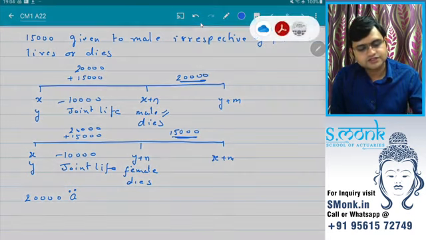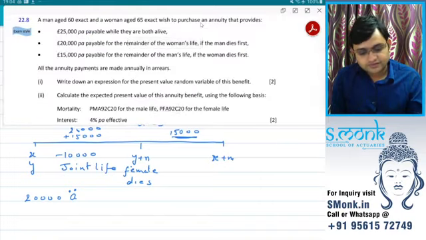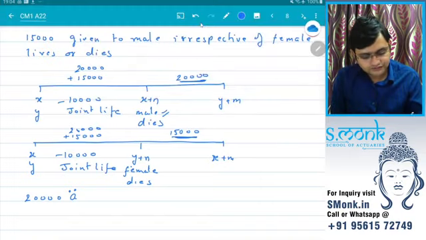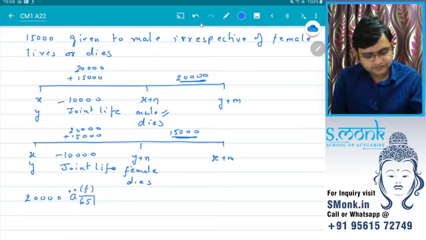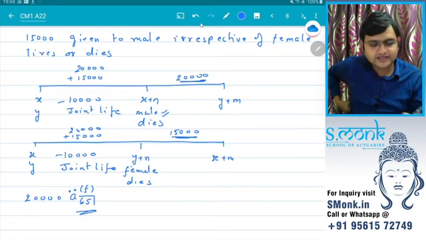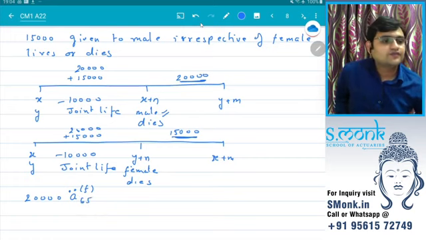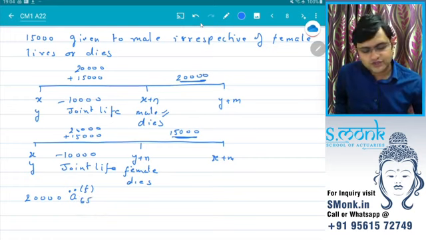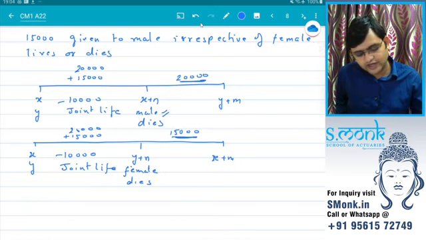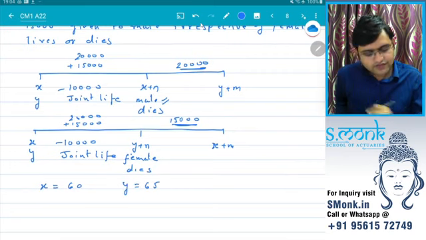What were the ages? Male 60, woman 65. So 65 female. Now one thing I prefer, and I would suggest you all to follow as well, rather than writing it like this, is that at the beginning I say x equals 60 and y equals 65.